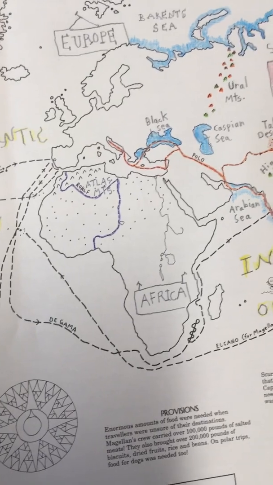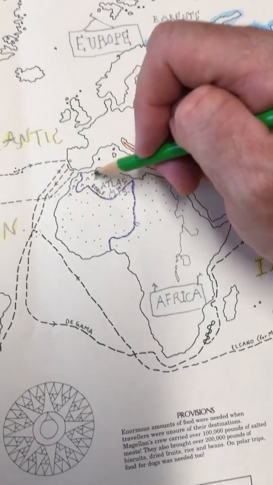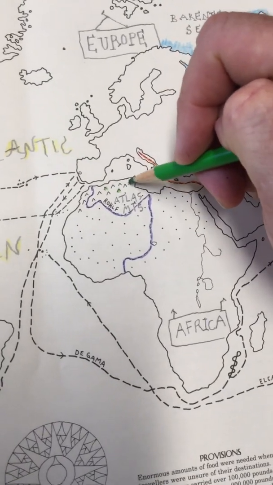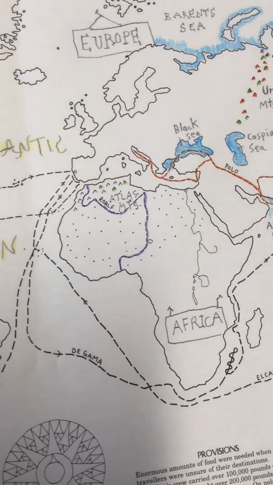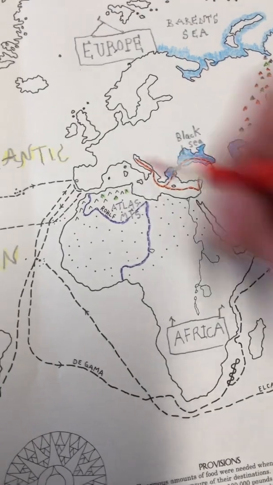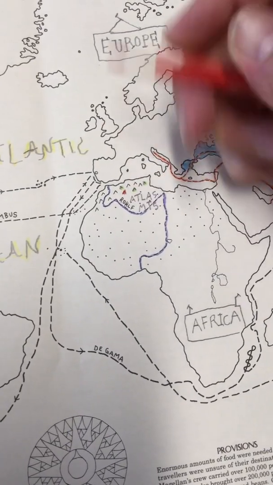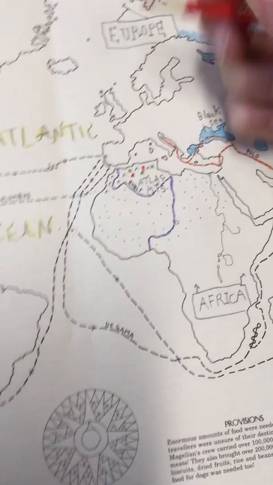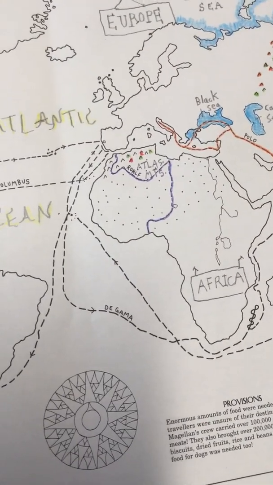Okay, so we've got the Atlas Mountains, and we've done a few mountain ranges already, so you can add a little color to those, green and brown maybe. Here's some red orange you could throw in. Make them colorful.